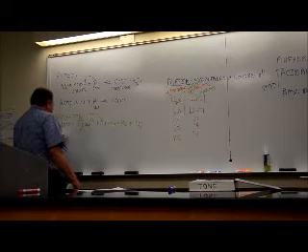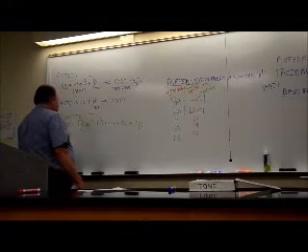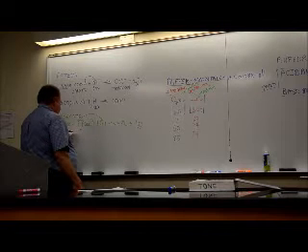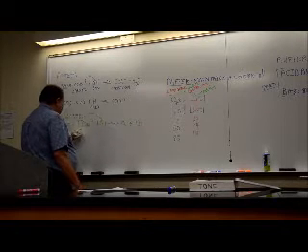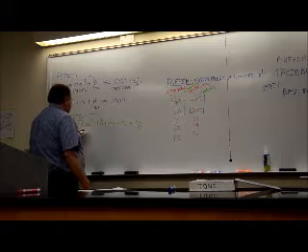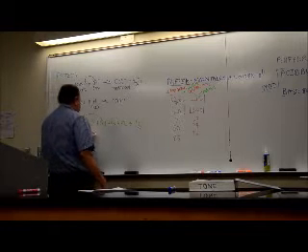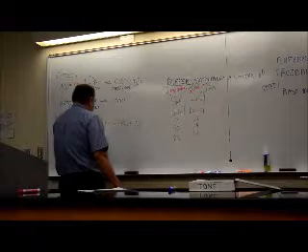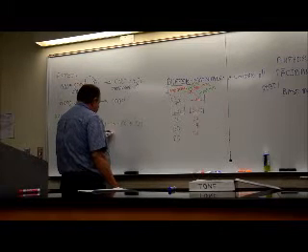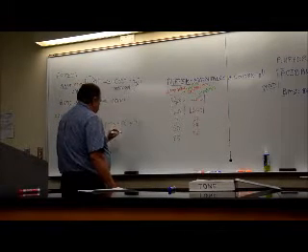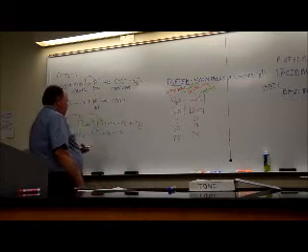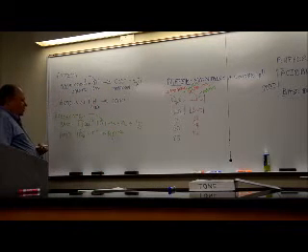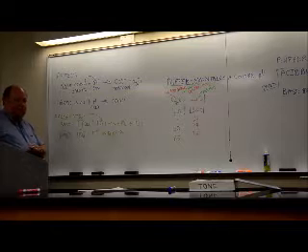The acid buffer is monohydrogen phosphate, HPO4. It combines with acid, hydrogen ion, to form H2PO4, which is the dihydrogen phosphate.